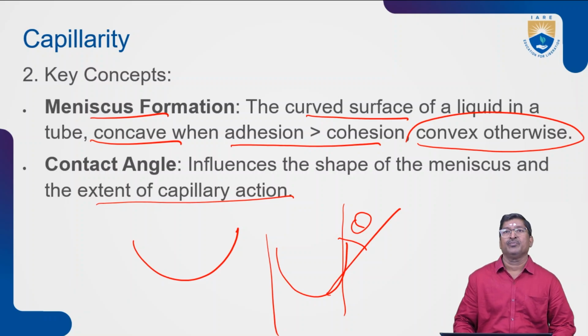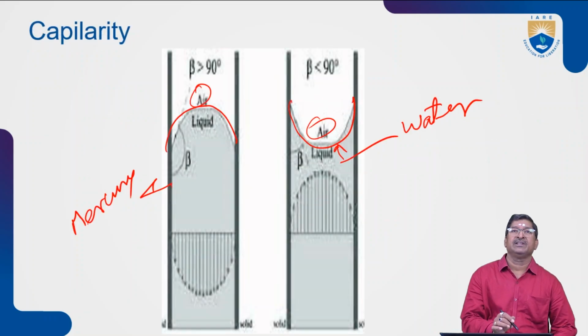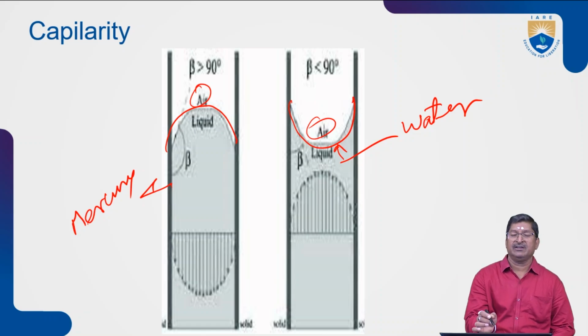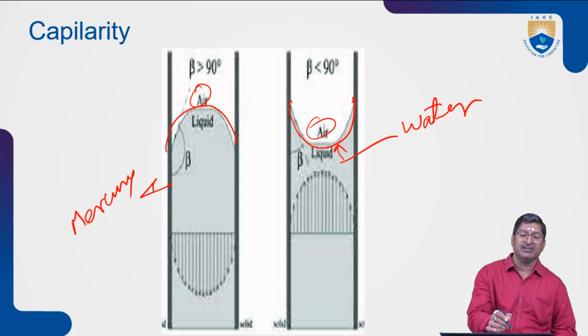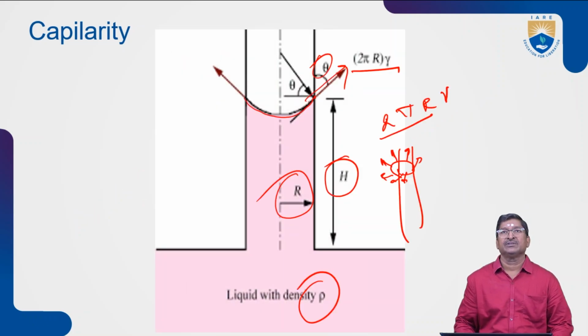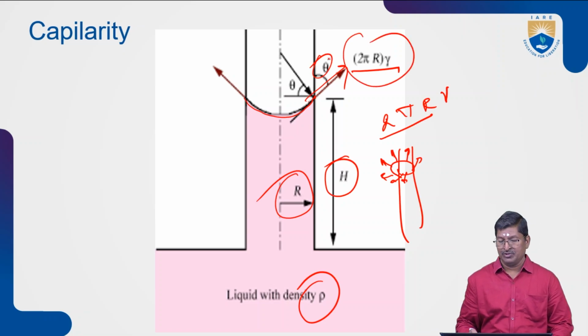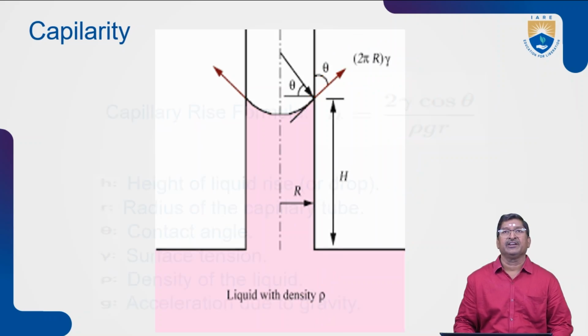So here we have the meniscus, convex and concave. Concave is water, the concave meniscus, and convex meniscus is mercury. So this is the force, 2 pi r gamma, where r is the radius, h is the rise of liquid, and rho is the density of the liquid.